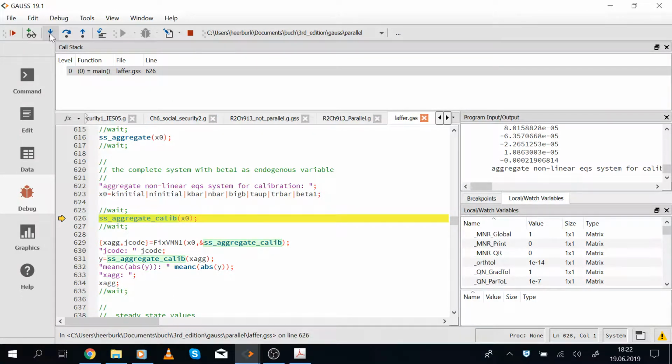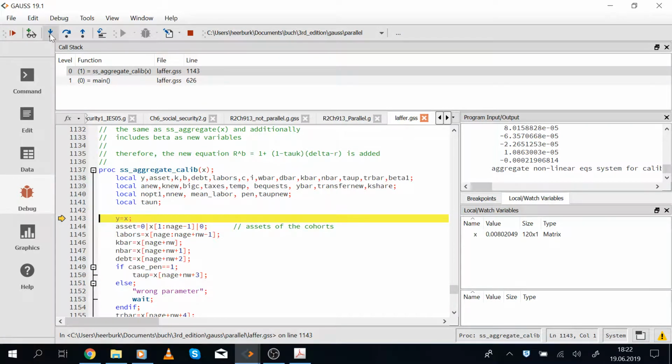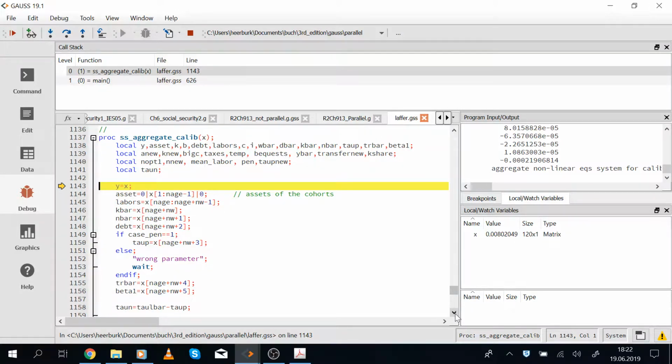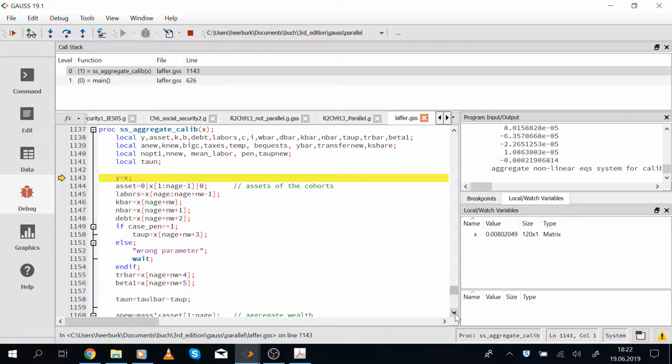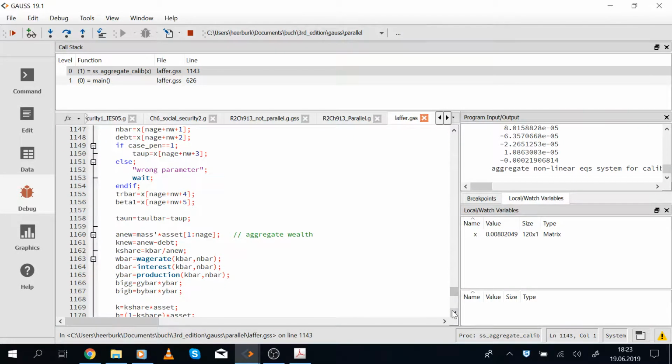So by pressing the appropriate arrow F8 in the top menu. Now here what's different with regard to the procedure SS endogenous labor. So we have the endogenous variables K, N, debt, tau p, transfer bar, and beta for our endogenous aggregate variables.